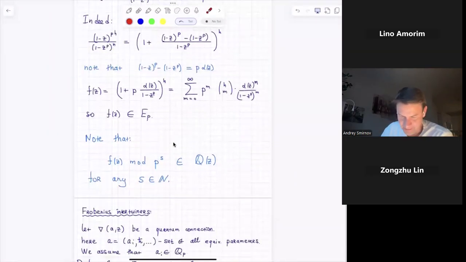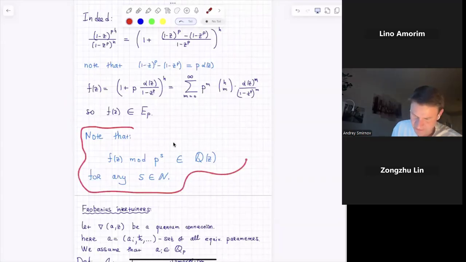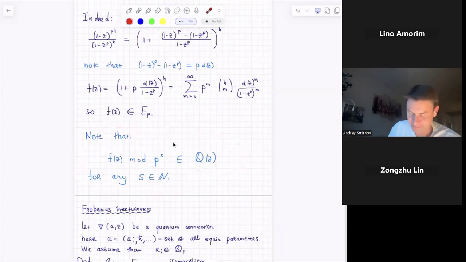Okay. Yeah, so let me just reiterate a little bit. This is a very convenient way, at least in my view, to characterize elements in this extension. So, for example, if you have a power series in Z, and you're wondering, is it true that this power series represents some element from this completion?